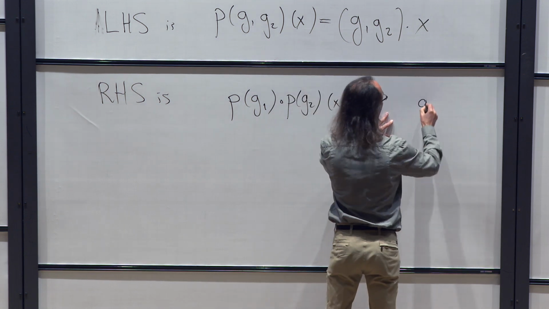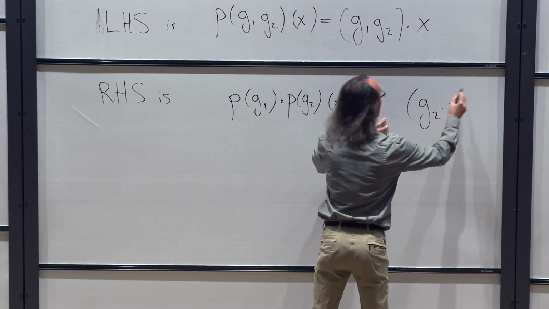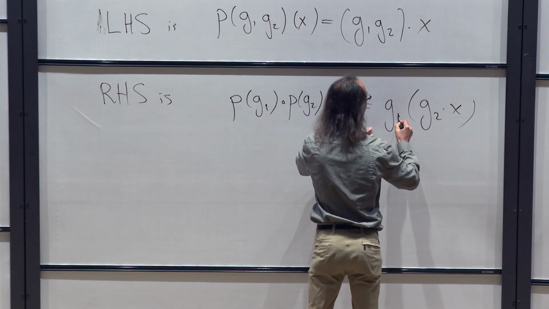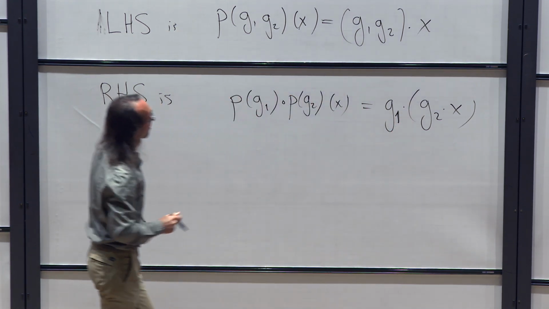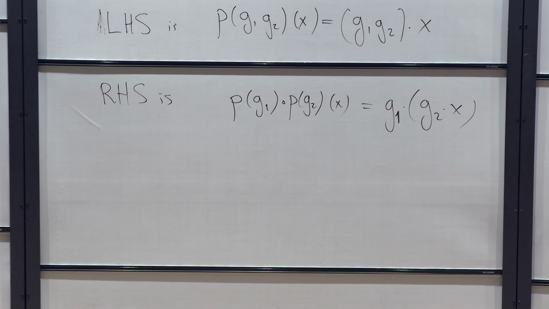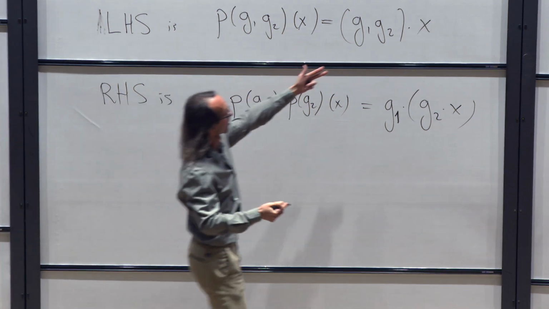By definition, this is we do g2 dot x and then we do g1. But they're the same because this is a group action.